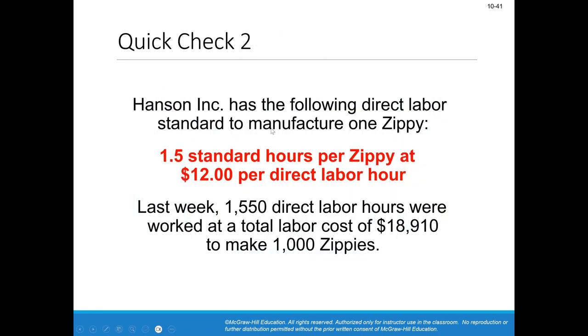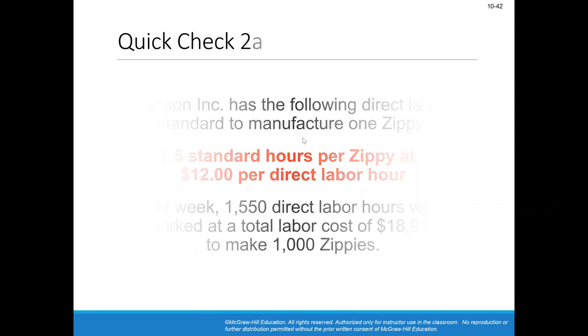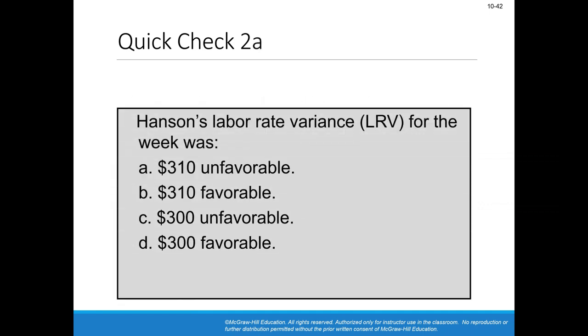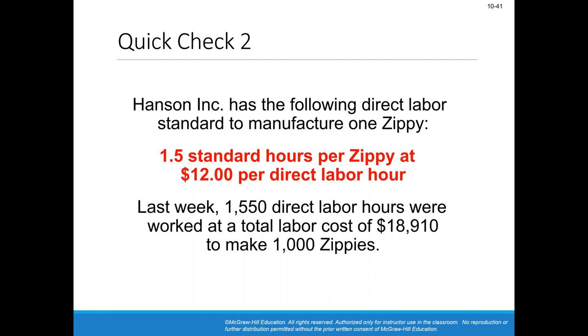Let's see, following, and this I think is just for the labor rate variance. Let's go back. All right, so 1.5 standard hours per zippy at $12 per direct labor hour. 1,550 direct labor hours were worked at a total cost of $18,910. So what is the labor cost per hour? That's 18,910 divided by 1,550, which equals $12.20.